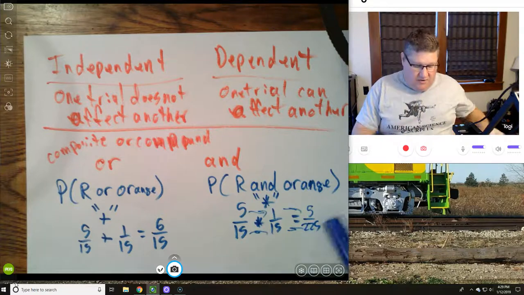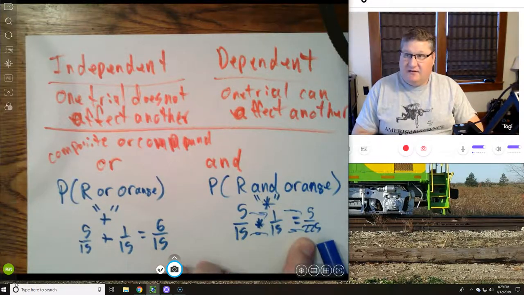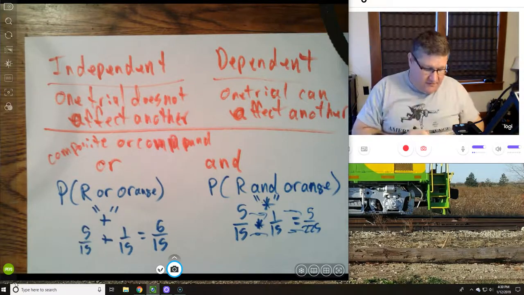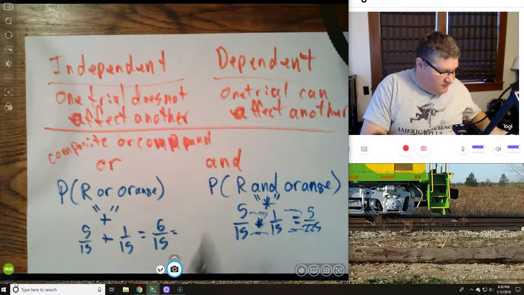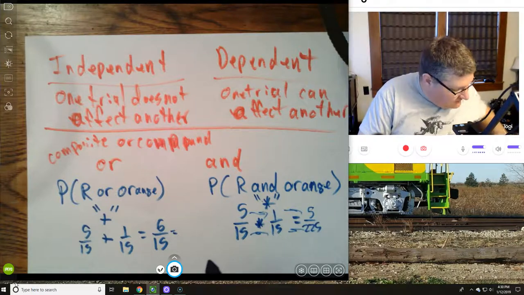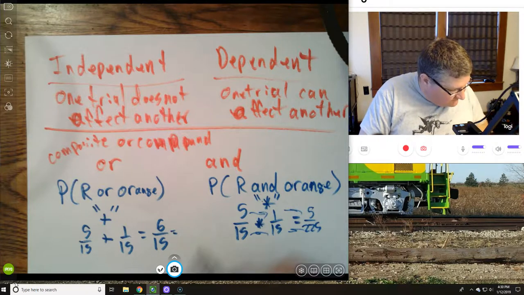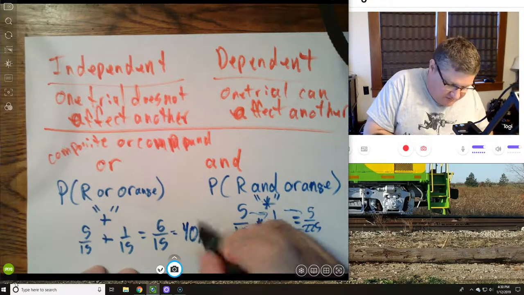Look how much harder it is to get an and, get both of them, than it is an or, one or the other. In this case, 6 out of 15, that's not bad. What kind of percent do I have of getting 6 out of 15? 6 divided by 15 is a 40% chance.